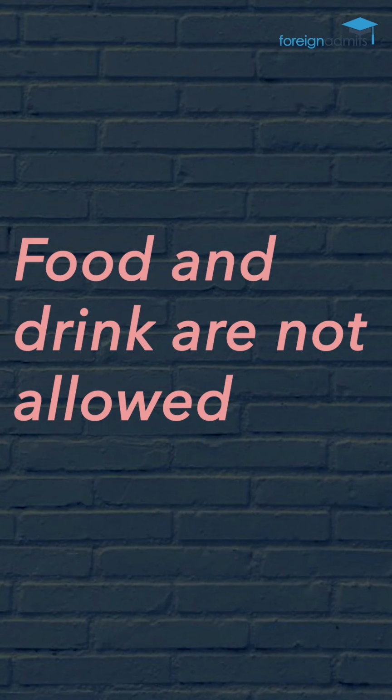The tabletop and surrounding area must be clear of all items not approved for use during the test. You must sit in a standard chair. You must not sit or lie on a bed, couch or other stuffed chair. Food and drink are not allowed during the test.